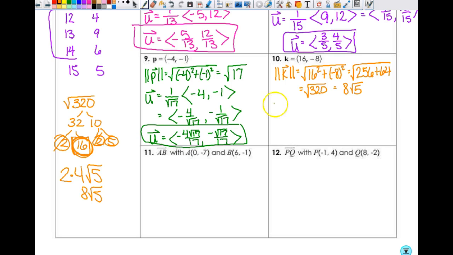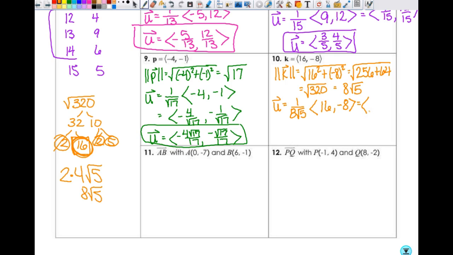All right, so now our unit vector is equal to 1 over 8 times the square root of 5. And I'm going to multiply that by 16, negative 8. I would reduce that. So here I'm going to write every single step.